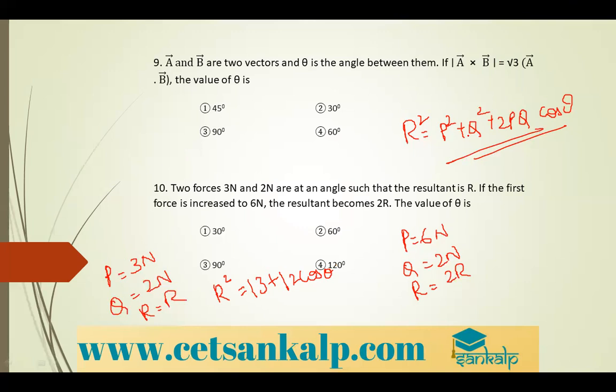So 13 plus 12 into cos theta. That is the first equation. What is the second equation?